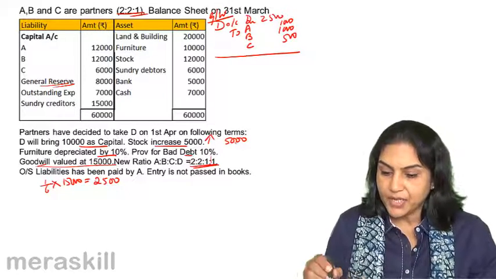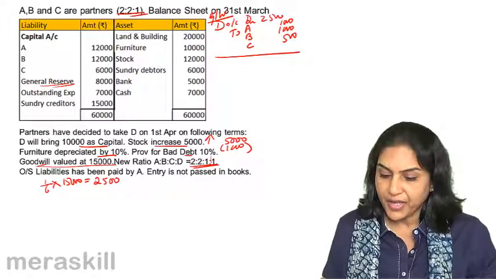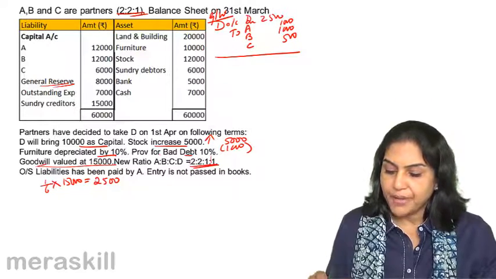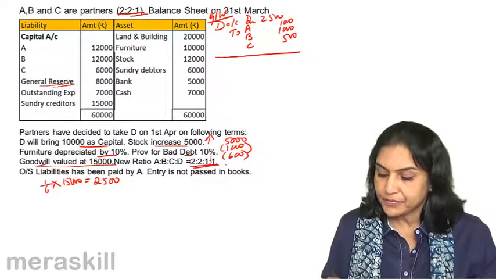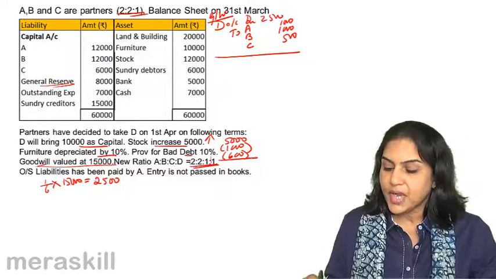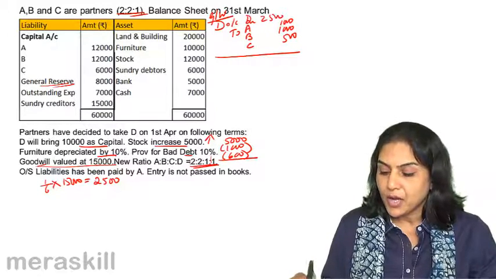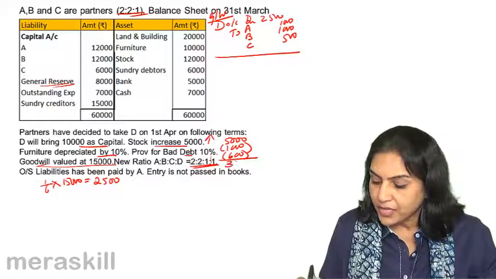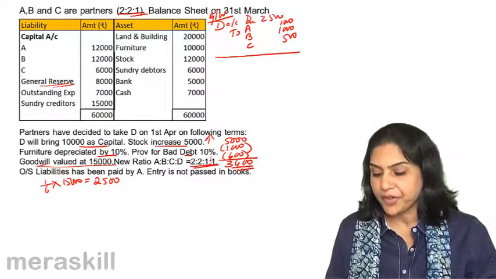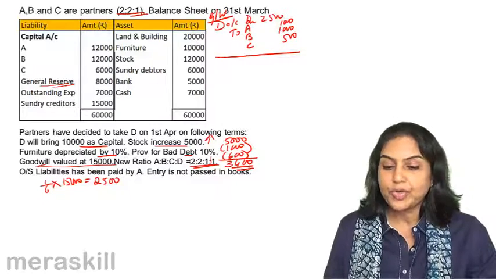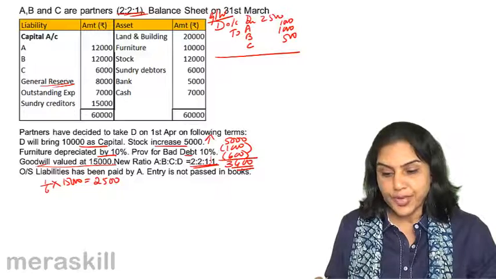Loss is depreciated by 1,000, 10% of 10,000. And provision for bad debts is 10%, 10% of 6,000 is 600. Therefore, what is our net profit on revaluation? It is 5,000 minus 1,600 or 3,400. This is the profit on revaluation, which should go to A, B and C in their old ratio 2:2:1.